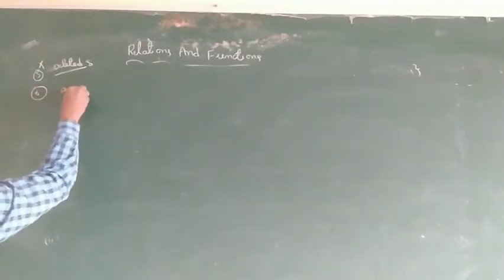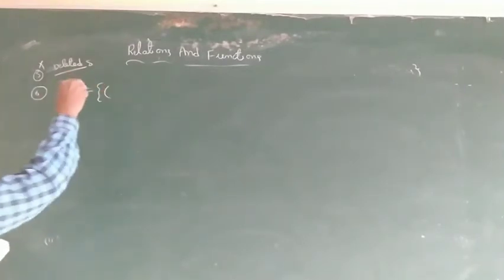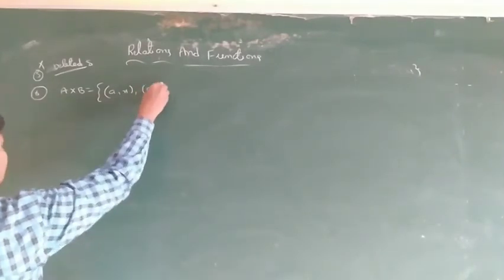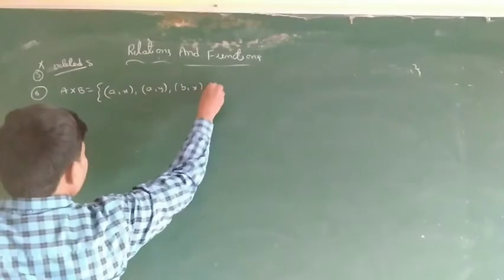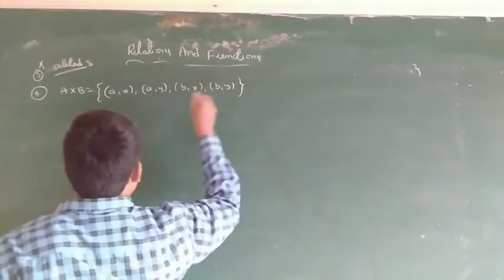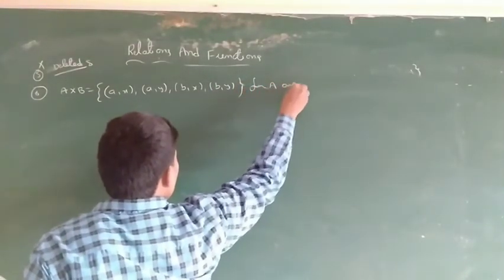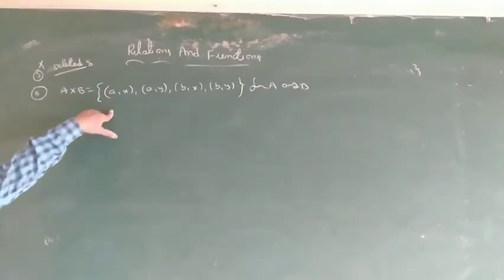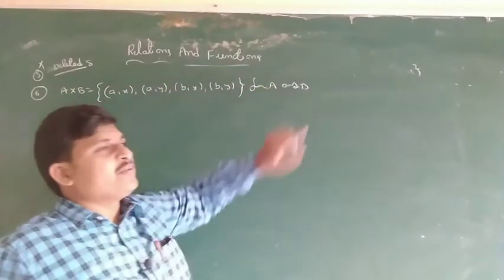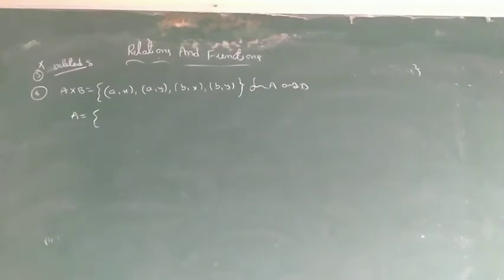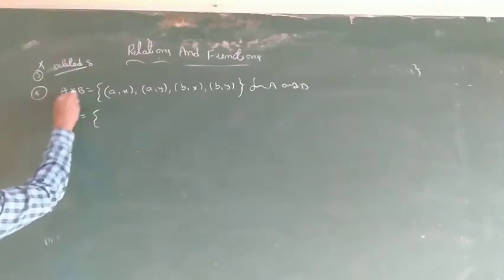A cross B is equal to {AX, AY, BX, BY}. Find A and B. A cross B is given, find set A and set B. Set A is the first elements of the ordered pairs, since in A cross B, A is the first.